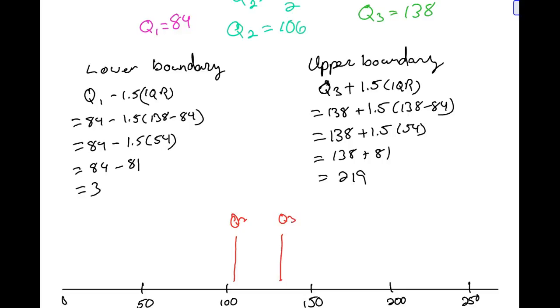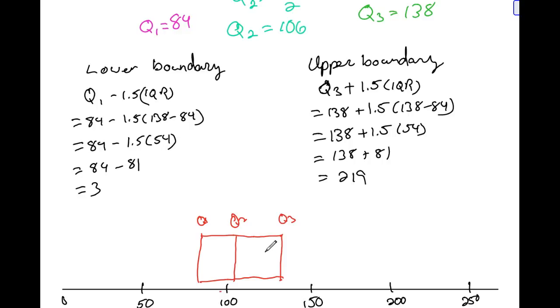And Q1 was at about 84. So about here. And then I'm going to draw the box. So Q1, Q2, and Q3 form a box. So it's really Q1 and Q3 that form our outside area. Q2 forms the inside.